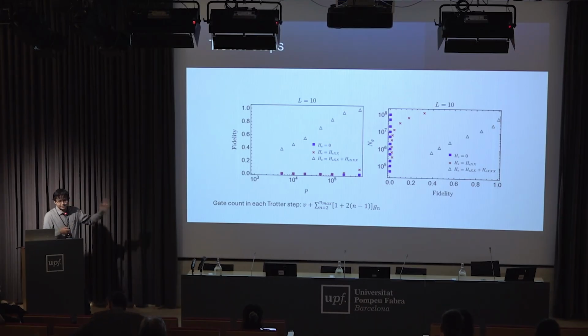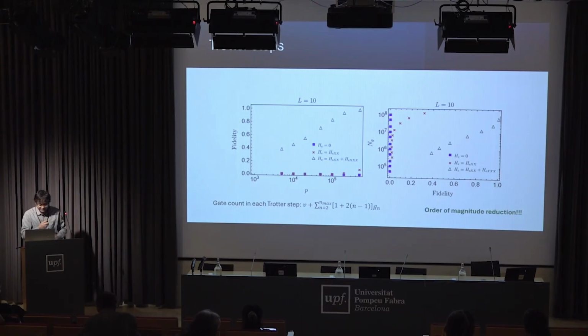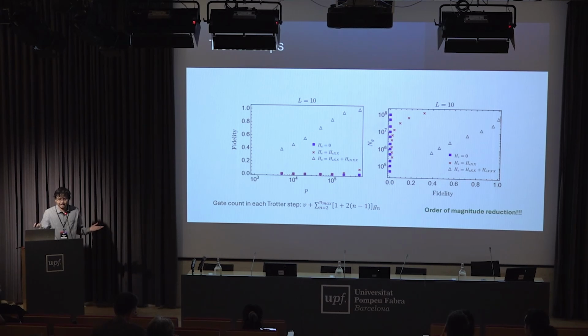Even then, this shows a lot of improvement: for the same number of gates, if you use them to make a catalyst, you get a much higher fidelity with the exact ground state than when you don't. This can be summarized as an order of magnitude reduction in the number of gates required to prepare a ground state if you use a catalyst.